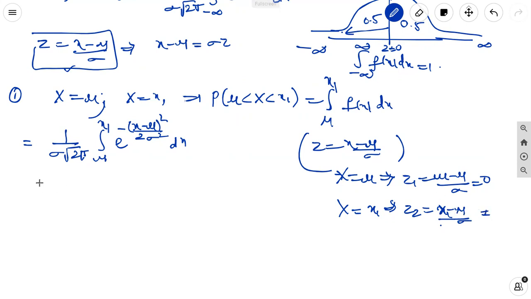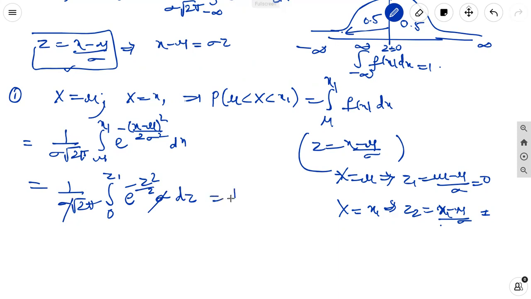Substituting these values, we have 1 by sigma root 2 pi integral, where in place of x substituting mu, the lower limit is 0 and the upper limit is, suppose, z1. Then e power minus z square by 2, sigma dz. The sigma gets cancelled.